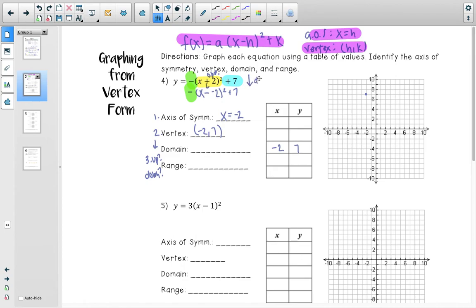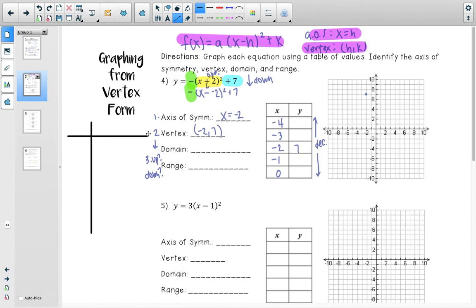So the y values from here to here should be decreasing. If they're not, we did something wrong. So we're just going to pick x values, decrease my x values and then increase them, and plug these values into this equation. I'm going to make a makeshift table over here, and then eventually erase it because I need to write some information down for you.